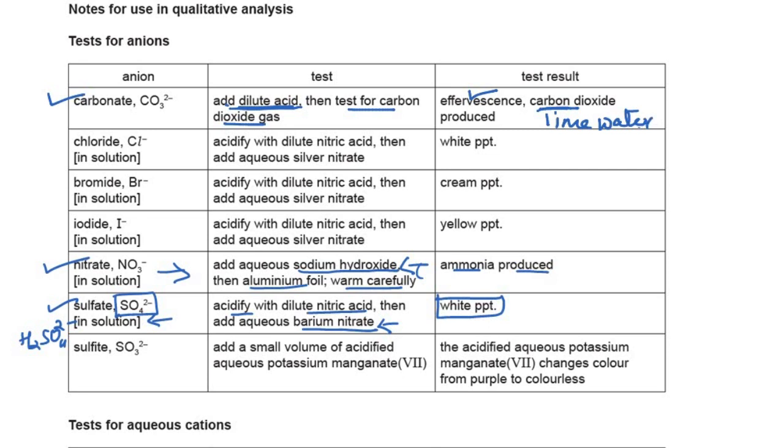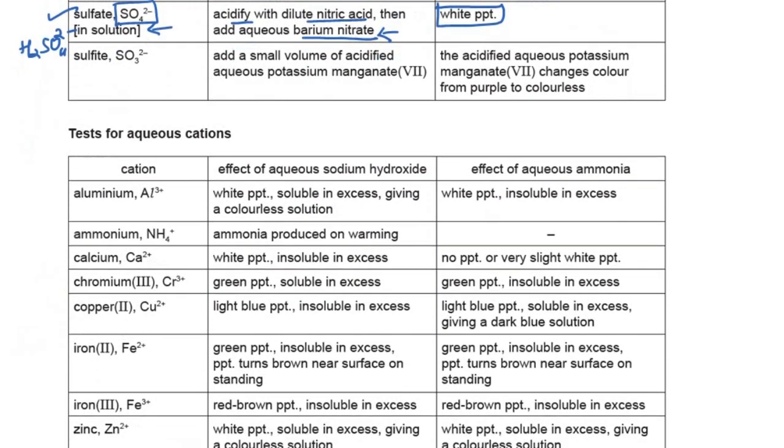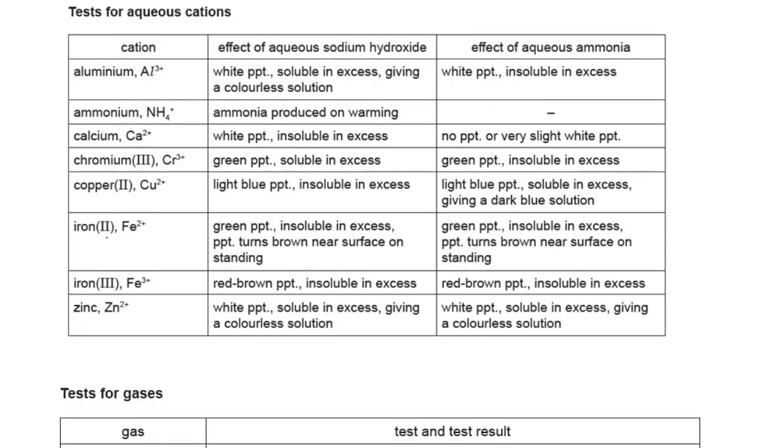So this should be the test given for the carbonate ion, and let's see what the test for Fe2+ is. When aqueous sodium hydroxide is added to a solution containing Fe2+, we get a green precipitate which is insoluble in excess and turns brown near the surface on standing.